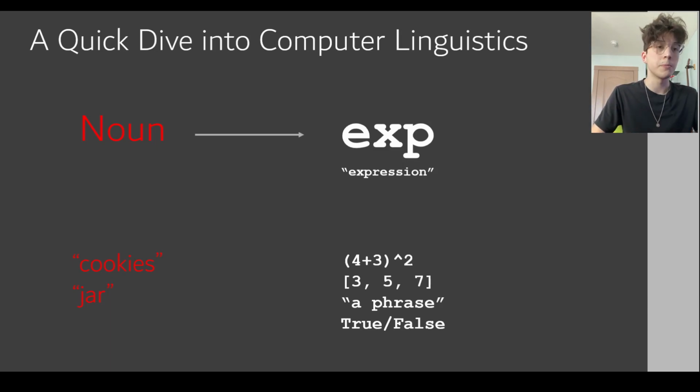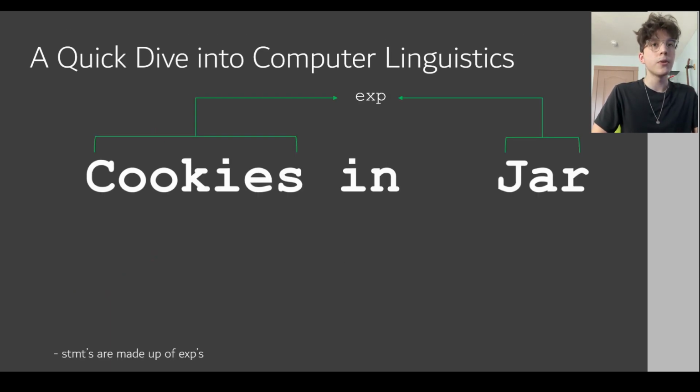And the last one, it could also be a true or false value. And there's a bunch more that it could be, but these are the essentials, the simplest ones. And so cookies and jar would not be nouns, but they would be expressions.